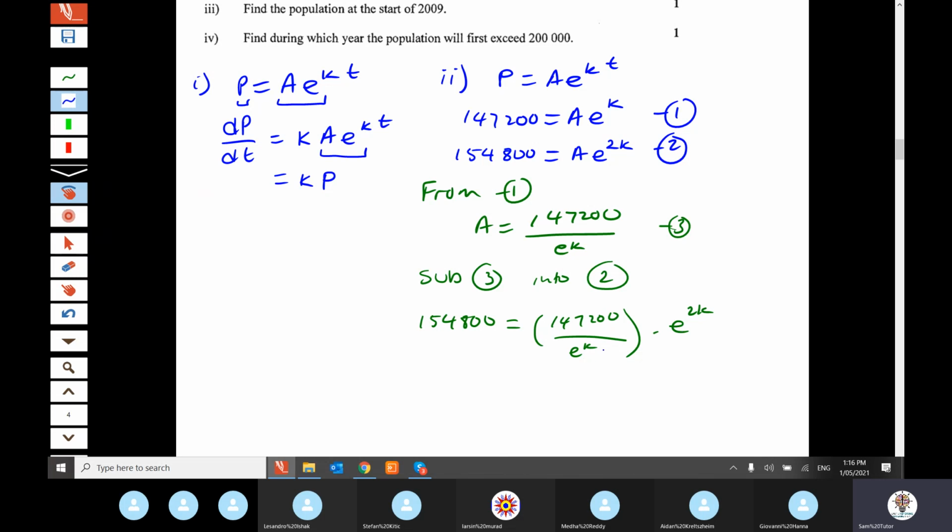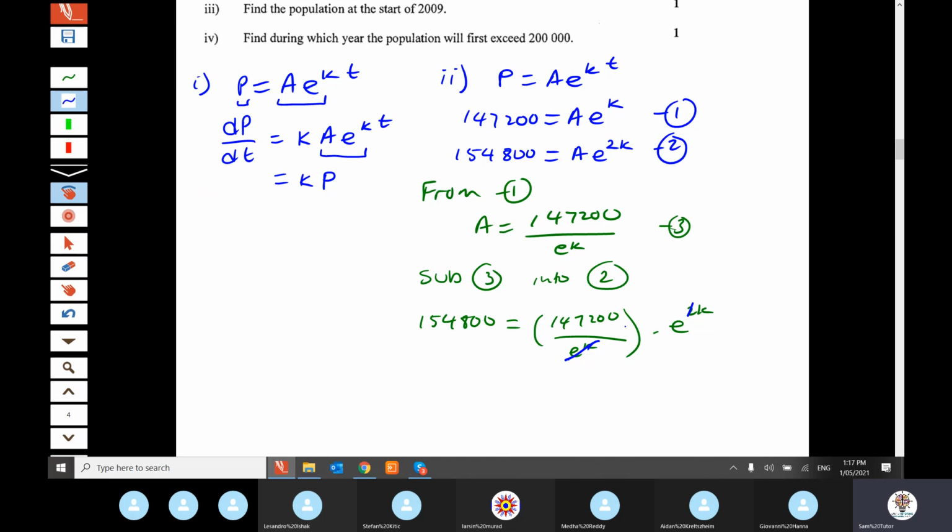So what's 2k minus k? Just k. A lot of students have a tendency of cancelling out and they're left with 2 or something. It's not like that. Don't do that. It's actually more like this. e^k, and then the squared cancels out, so you're still left with e^k, technically. Or you do what I said, 2k take away k is just k.